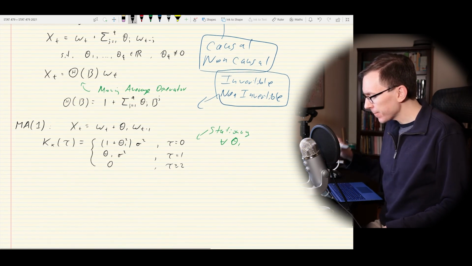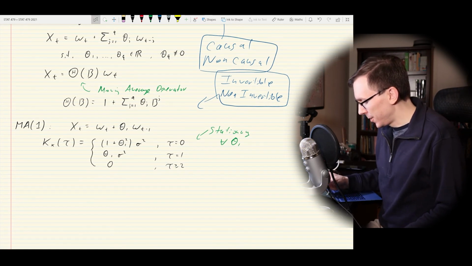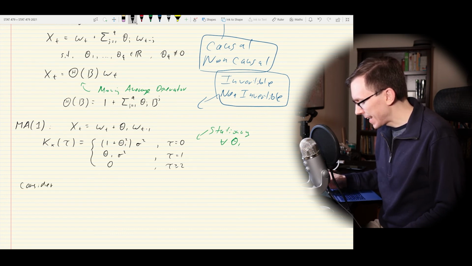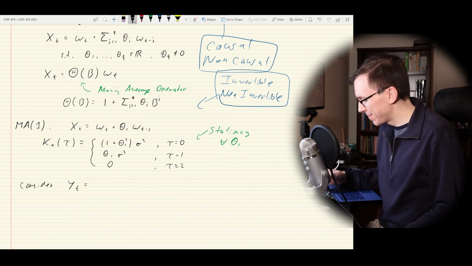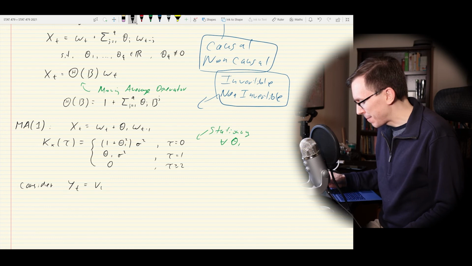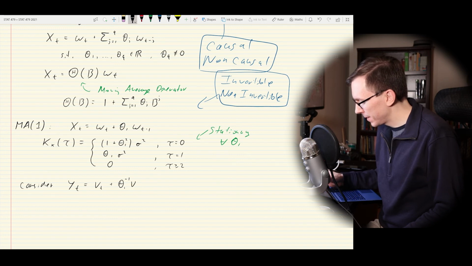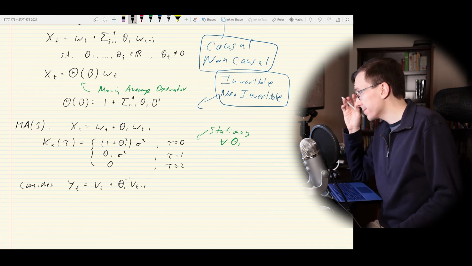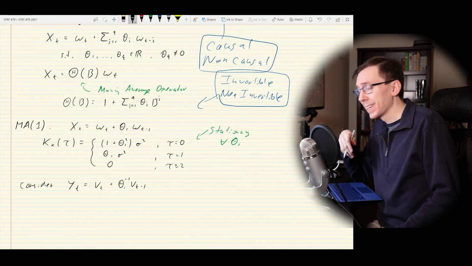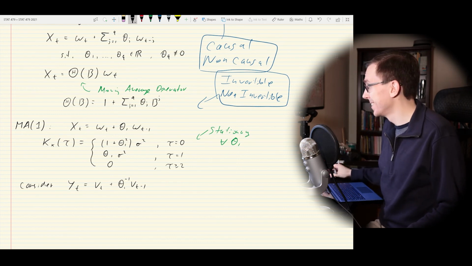And once again, we can also consider the process yt. You can kind of guess where I'm going here. I'm going to write down something that's mathematically, or stochastically I guess, equivalent, if we want to say it that way: yt equals vt plus theta 1 inverse vt minus 1. Another typo. I really got to work on these notes.